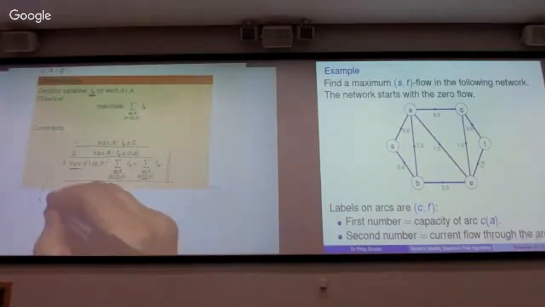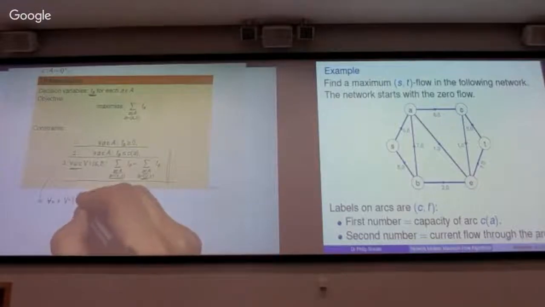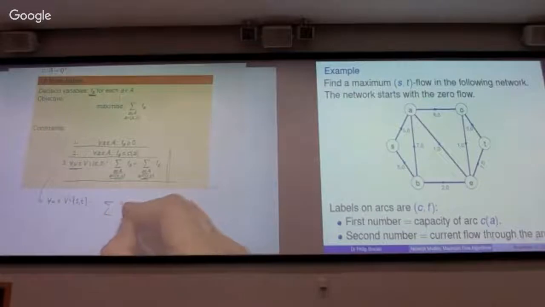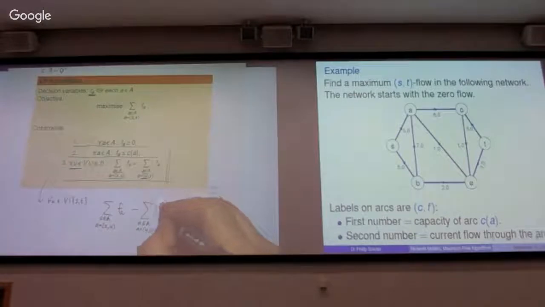And so this constraint, for every u other than S and T, every node other than S and T, what we get is when we sum all the f_a over all arcs that are coming into u and subtract the sum over all arcs which are leaving u, we get 0.